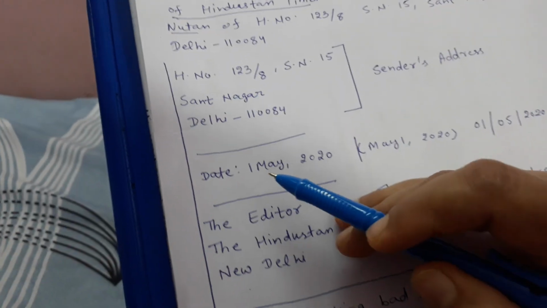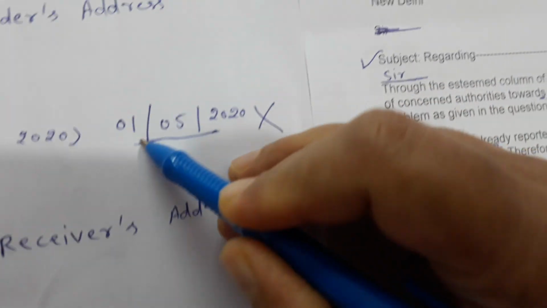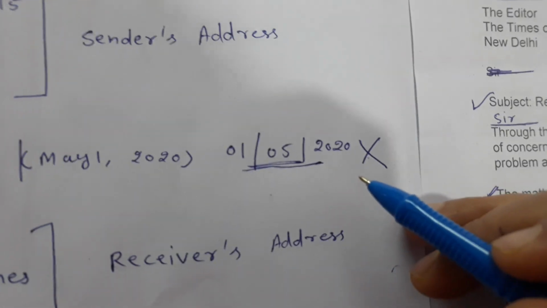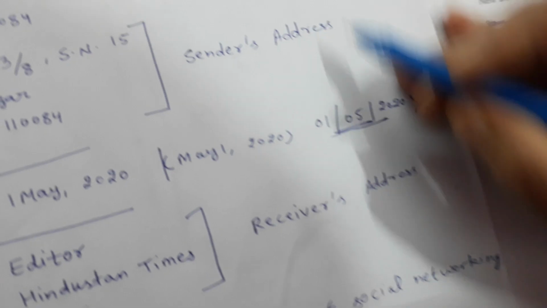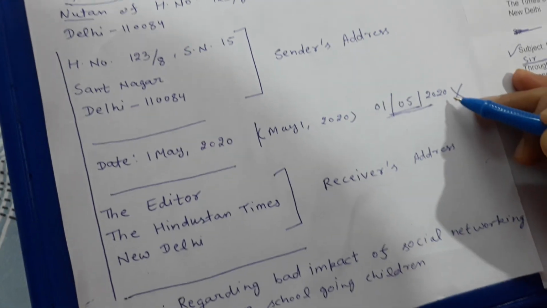Then leave one line, date. And students sometimes write the date in this way. This is an incorrect way. Don't write the date in this way. Why? Because in some countries they write the month in the beginning, then the date, and after that the year.